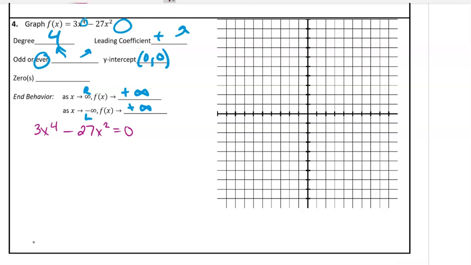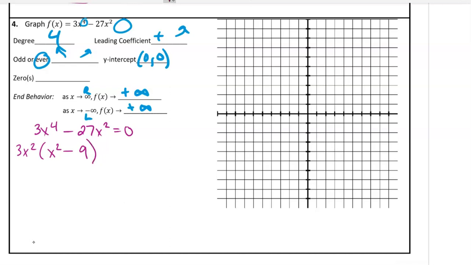We can factor out an x squared, for sure. What about a number? 3 and 27, we can factor out a 3. So if we factor out a 3x squared from 3x^4, we are left with x^2. If we factor out a 3x squared from negative 27x squared, 27 divided by 3 is 9.